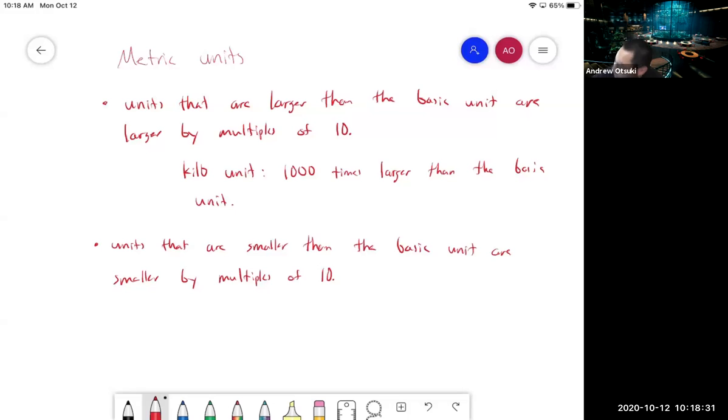In this example, we can say the milliunit is 1/1000, or 10 to the negative 3 times smaller than the basic unit.